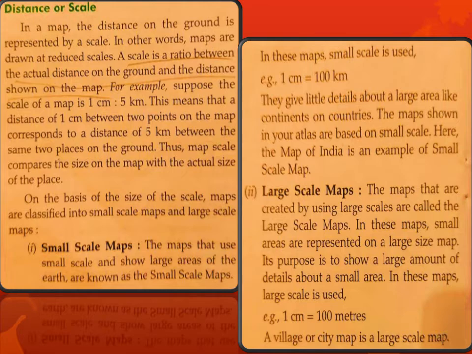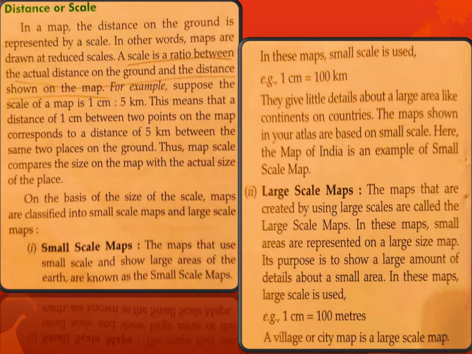The maps shown in the atlas are based on small scale. The map of India we have seen was also an example of a small scale map. Now large scale maps. The maps that are created by using large scales are called large scale maps.